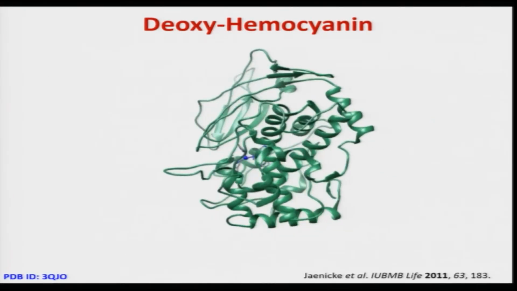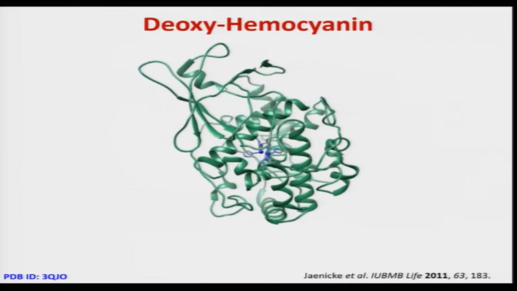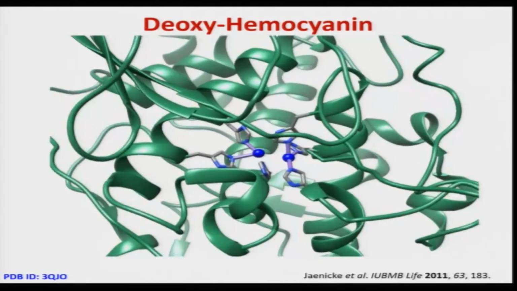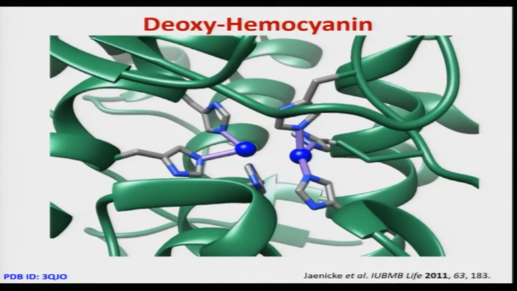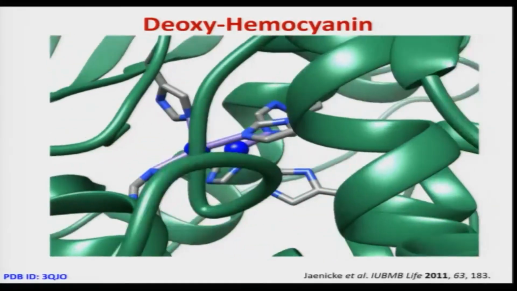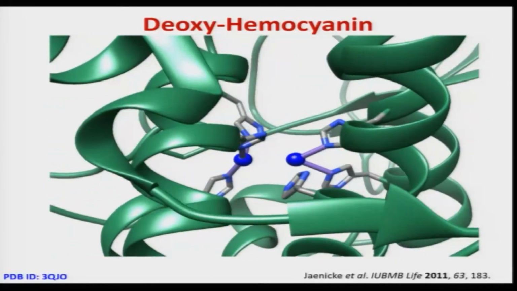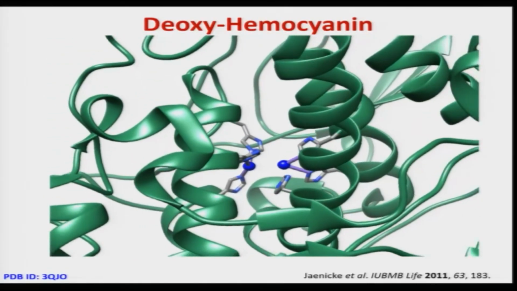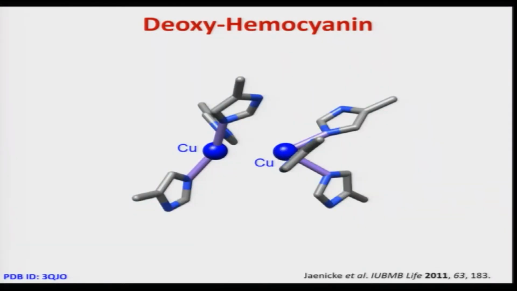This is the X-ray structure of deoxy-hemocyanin. As you can see, there are huge protein chains wrapping the dicopper unit, which is sitting at the center, and once you remove this protein chain, you can clearly see the two copper units are separated by around 3.7 angstrom, and as I have just said, 3 histidine groups are coordinated to the copper center.